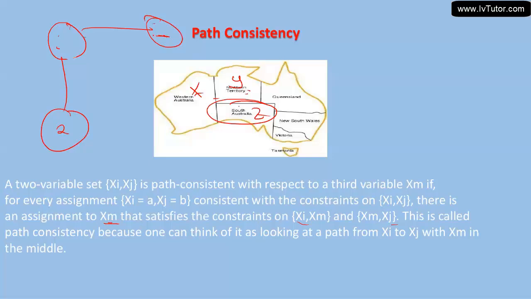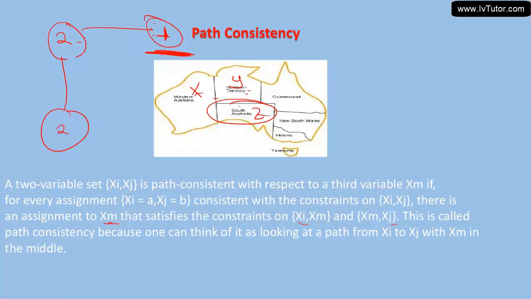But if this one takes 2 as well, this one will at least have 1. We can play around with the combination as long as there is something that will satisfy the requirements of the third one. So we call that path consistency. It ensures transitivity in a way.